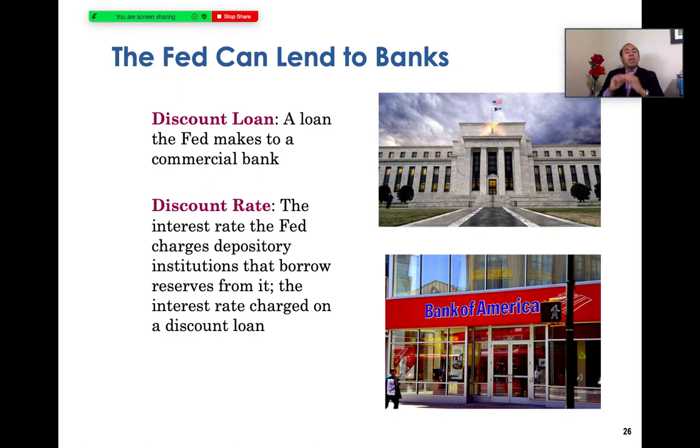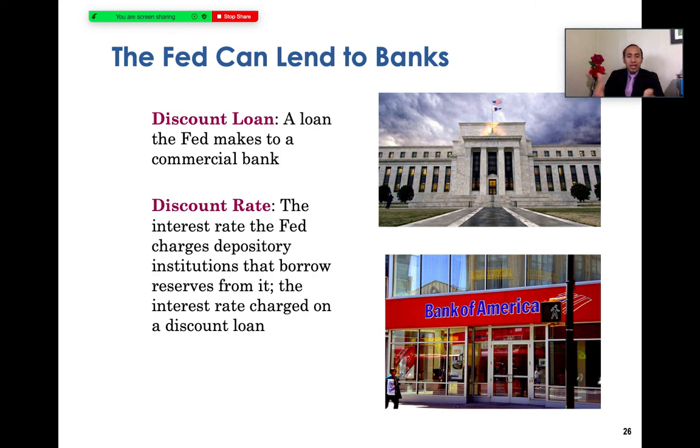The Federal Reserve can actually lend to banks in case they run out of cash reserves or out of liquidity through what is called a discount loan. And a discount loan is when the Fed makes funds available to commercial banks at a discounted interest rate.